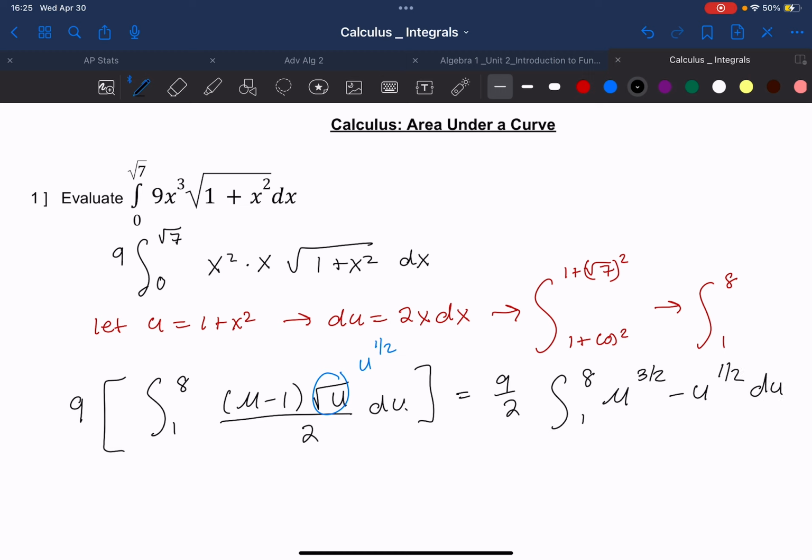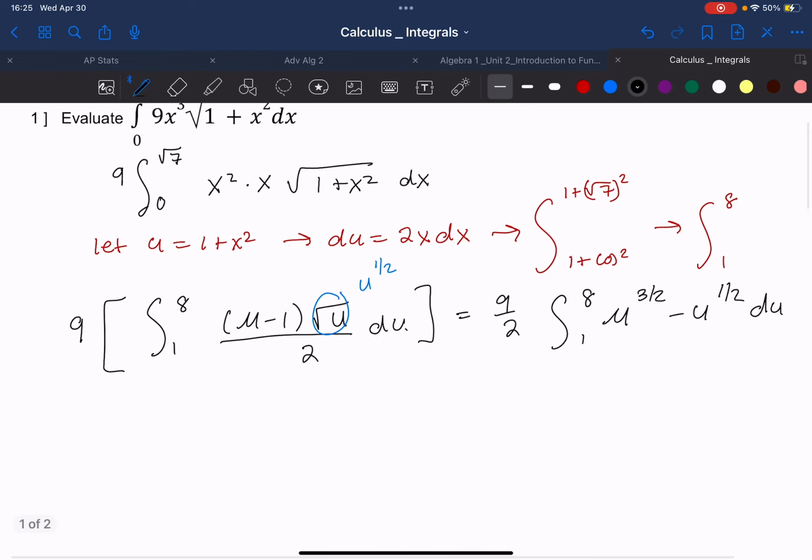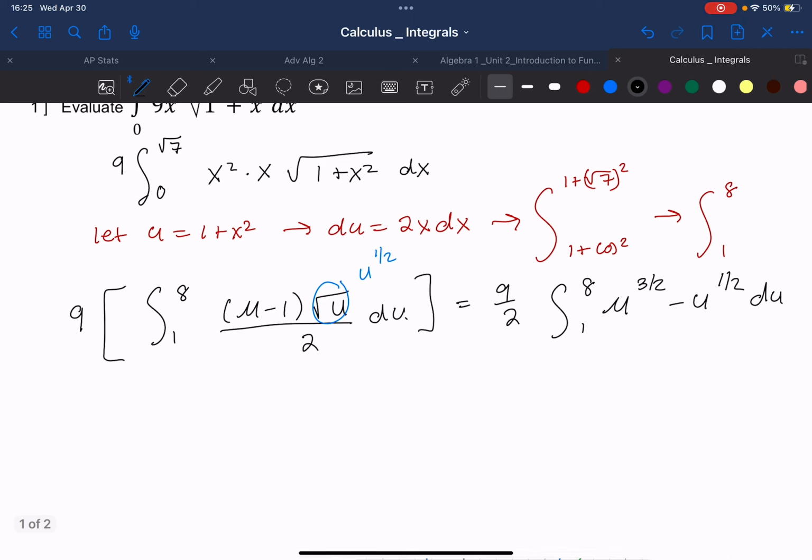Okay. And since they are now subtracting from each other, I'm able to take the integral and then calculate that from there. So I'm just going to take the integral of each one. So first, starting out, u to the 3/2 power, I need to add 1 to the exponent and then divide by that new exponent.